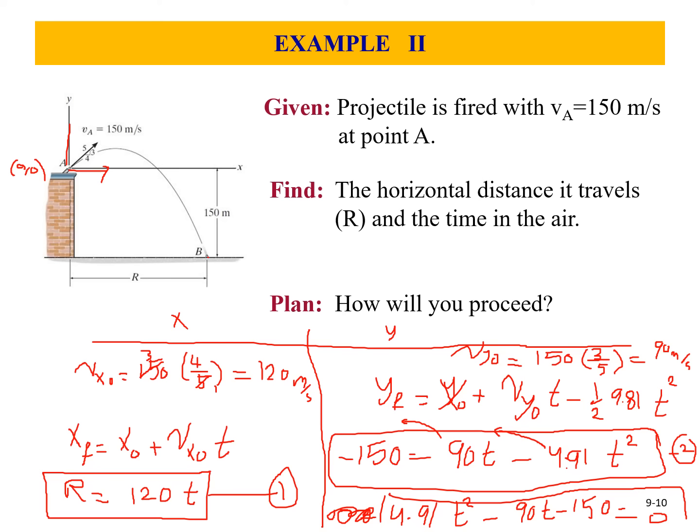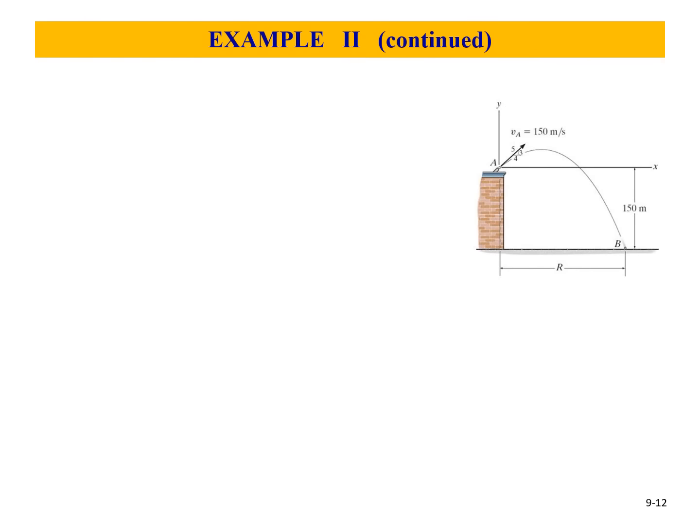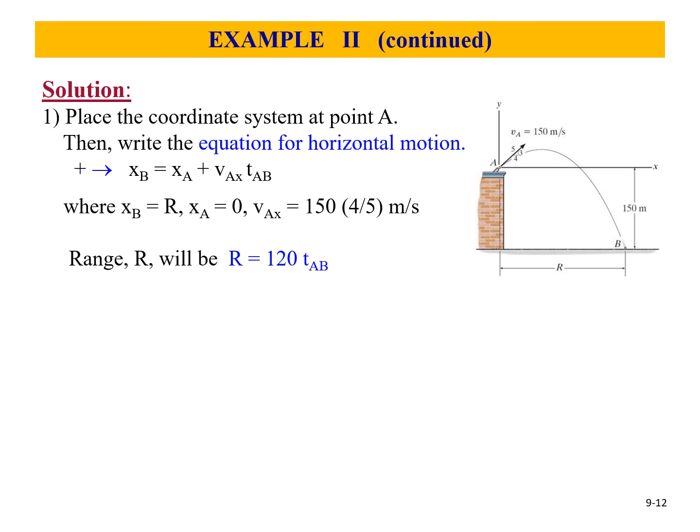Take the time from this one, because that's only one unknown, and it's a quadratic equation, and then you plug the positive T here, and you get your R, the distance that the thing is traveling. So if we check this one here, we have 120 T, that's good.